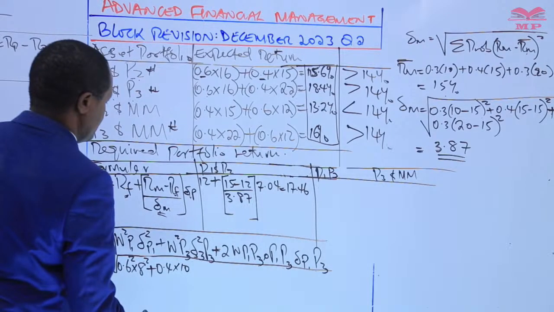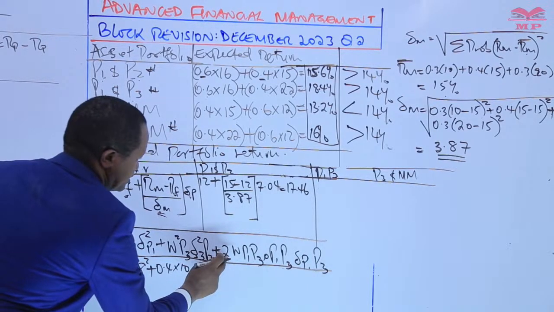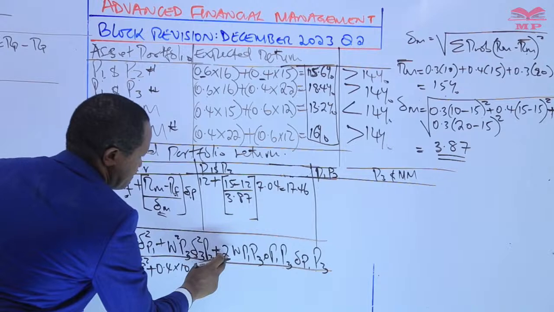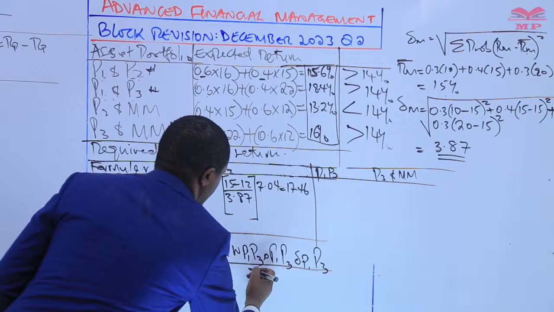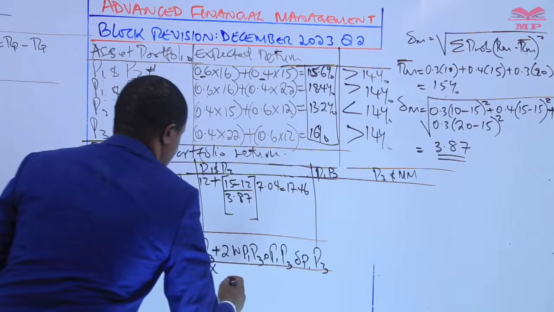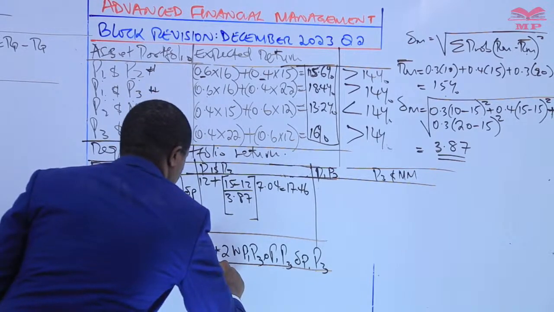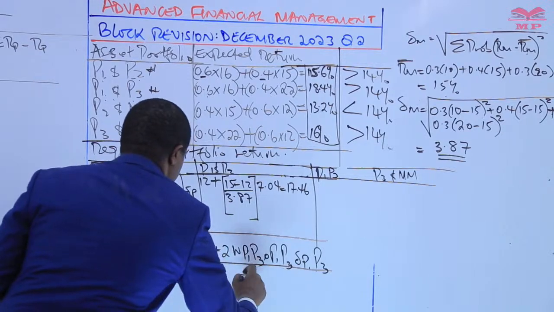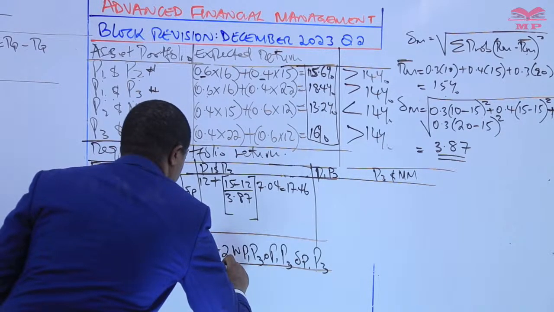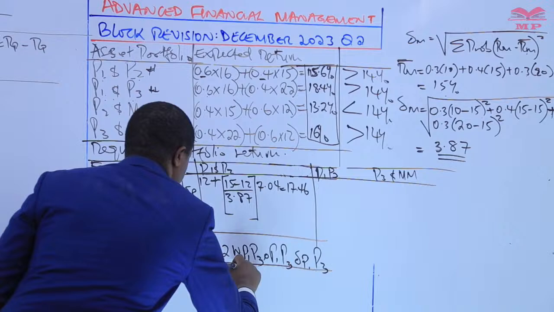Okay, so then we have 2 times the weight of P1 and P3, 0.6 times 0.4.